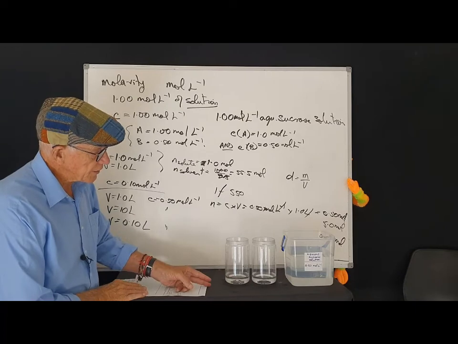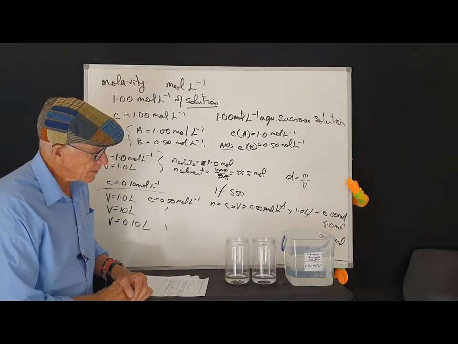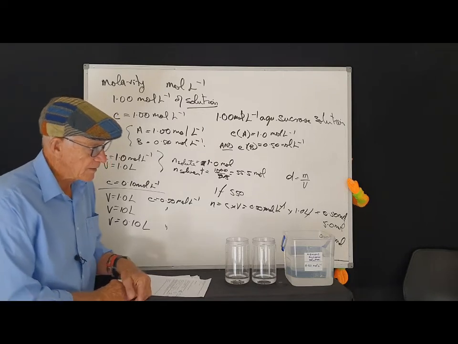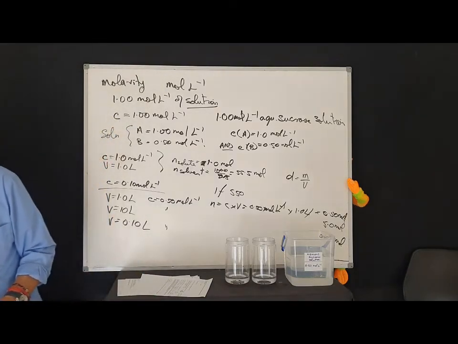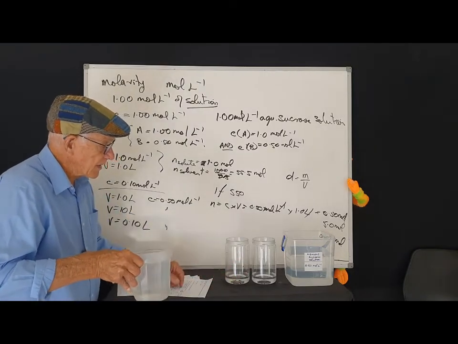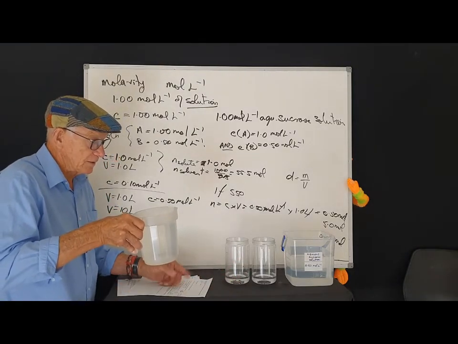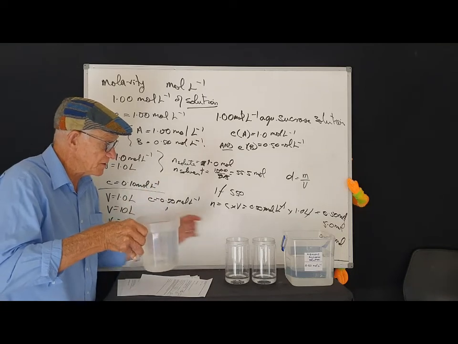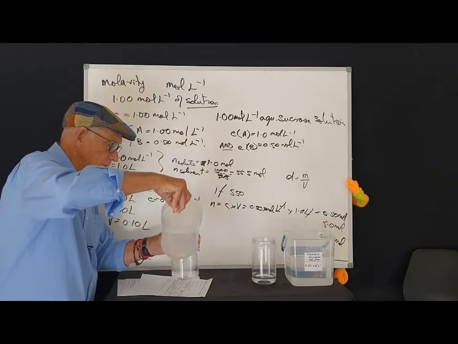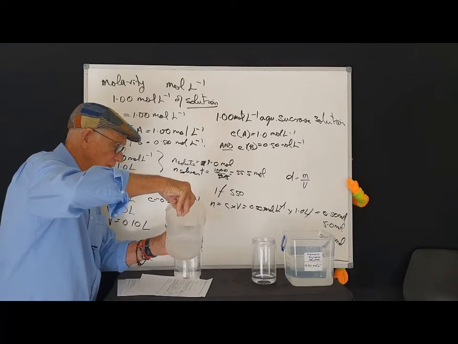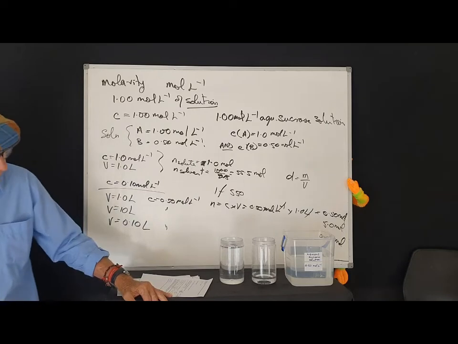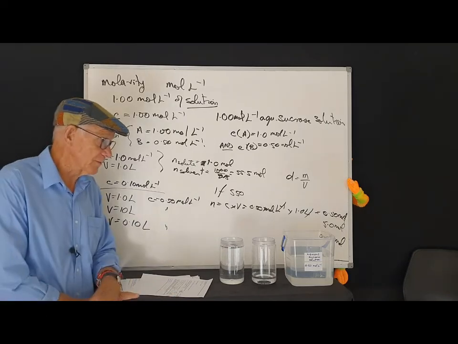We've got equal volumes of the same solution. Okay, nodding away, all right. Now, I've got about 200 mils in there. Now I'm going to add water. This is not a sucrose solution, this is now water. Okay, now what are you thinking?